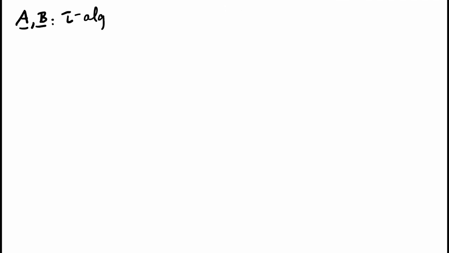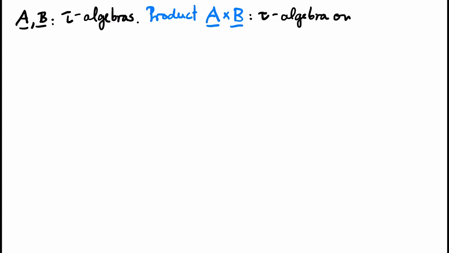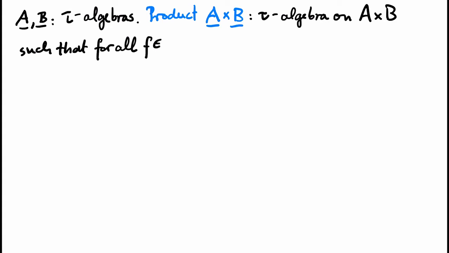To define products, let A and B again be algebras with the same signature tau. Then the product algebra, A times B, is the algebra with signature tau whose domain is the set of all pairs whose first entry is from A and whose second entry is from B, and whose operations are defined component-wise.